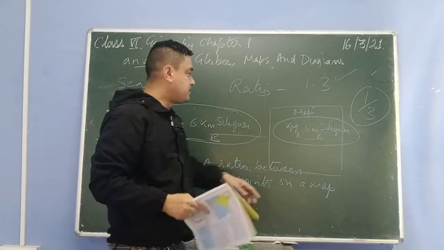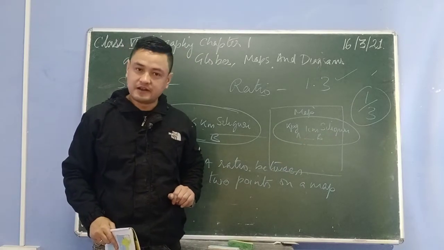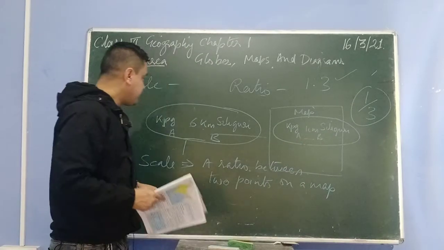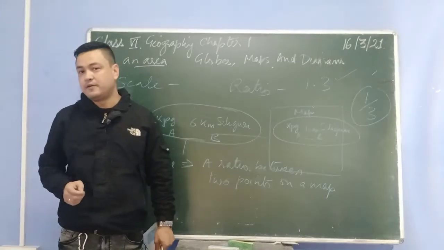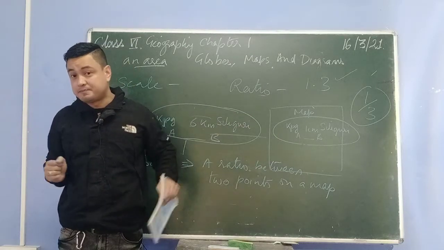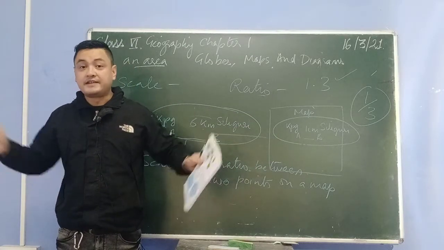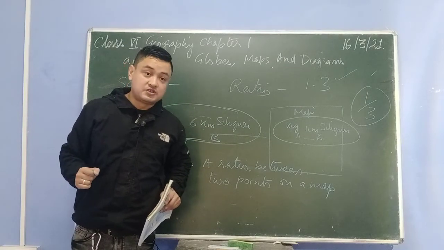What are the 2 points on the map? It is A and B. Now, if I compare this 6 kilometers, can I draw 6 kilometers on a piece of paper? I can draw it, but I need a big paper. 6 kilometers is very, very large.